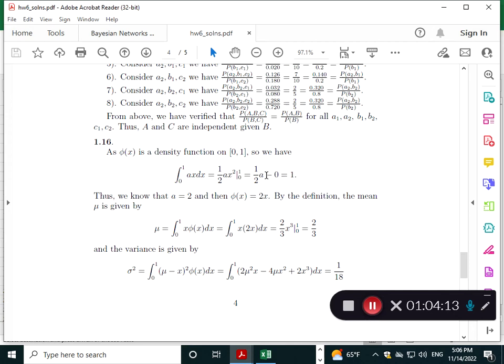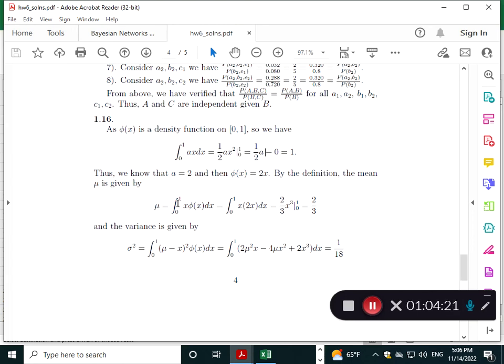And if the total area equals 1, half A equals 1, A must be 2. And once you know that, can you find the integral of mean times the PDF, or mean minus x, or x minus mean, doesn't matter.